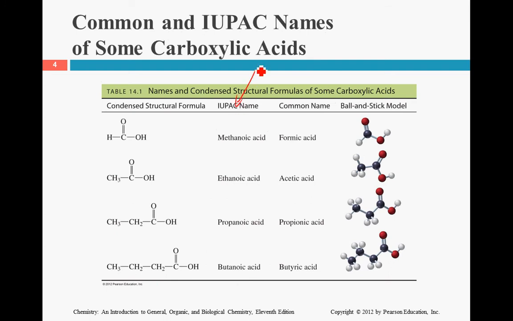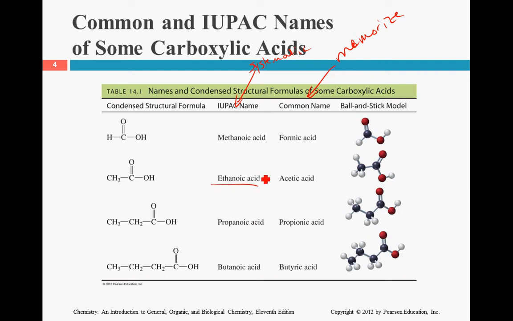So here's an IUPAC name. That's the systematic. And here's the common name, which is more of the memorization. It would probably be in your best interest to know both forms, because what you'll notice is that in questions or when people talk, they'll use them interchangeably.